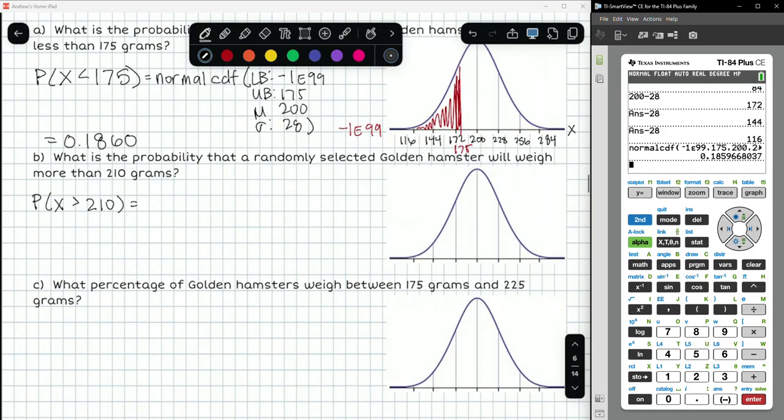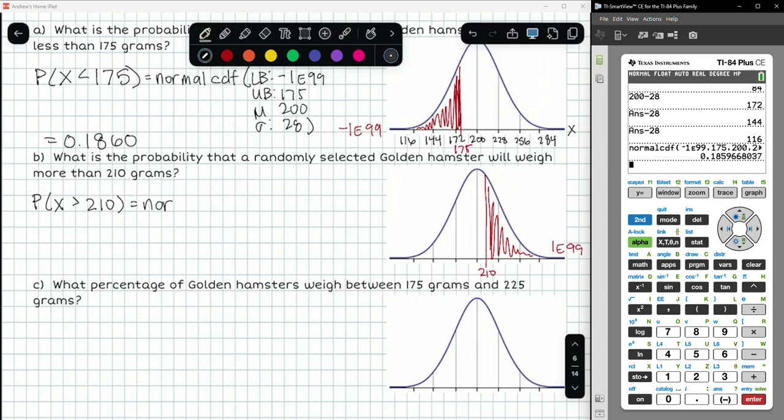And we've got our picture labeled. I'm not going to relabel those numbers. Now that I know where they are, I know 210 is just a little bit above the mean. So 210 is right here. Greater than is going to be this way. And I know that if the lower end is negative 1E99, the upper end is probably positive 1E99.